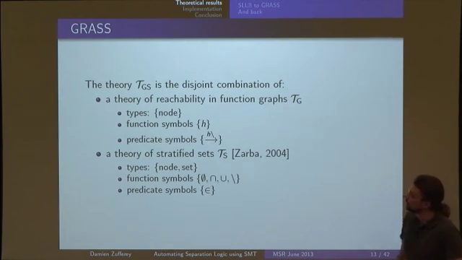And then we have predicate symbols like here, that's ternary reachability, going from A to B without seeing C. And okay, stratified set here will have as elements nodes and sets, and function symbols, well, empty set, which is arity 0, and intersection, union, difference, and as predicate membership.